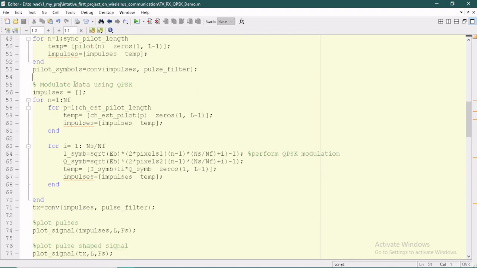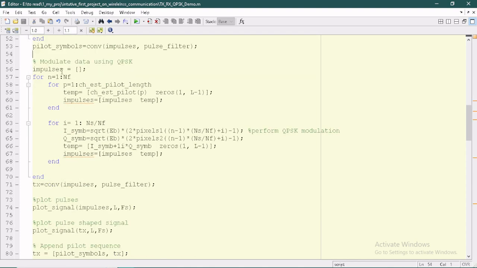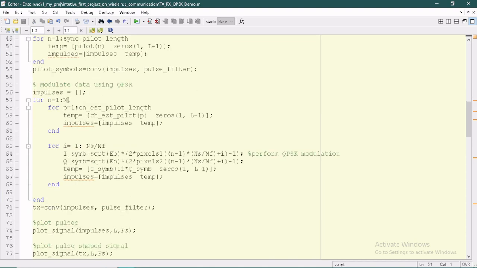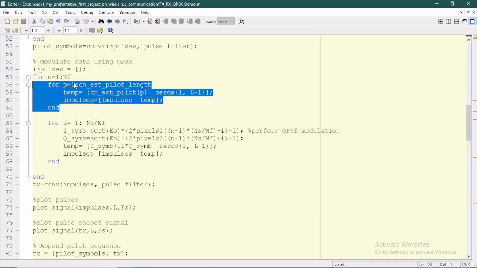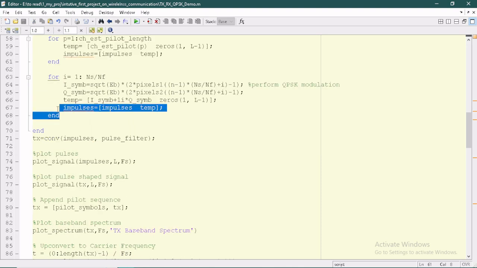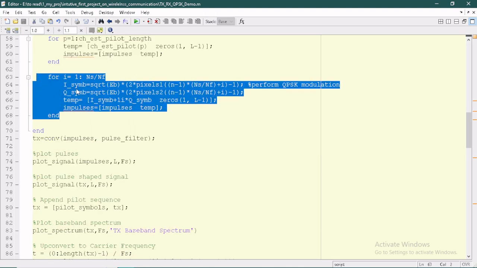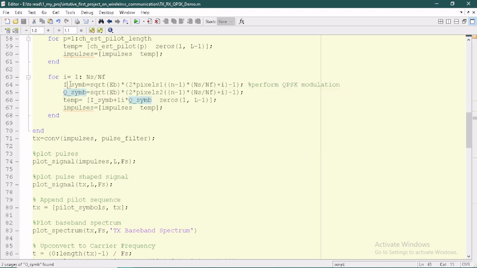Here we have the same operation but it happens to our data. So for example, notice in the beginning of each frame we add the pilots for channel estimation, and then we modulate our signal in QPSK modulation. Notice we use in the I-axis the pixels 1 and in the Q-axis pixels 2.